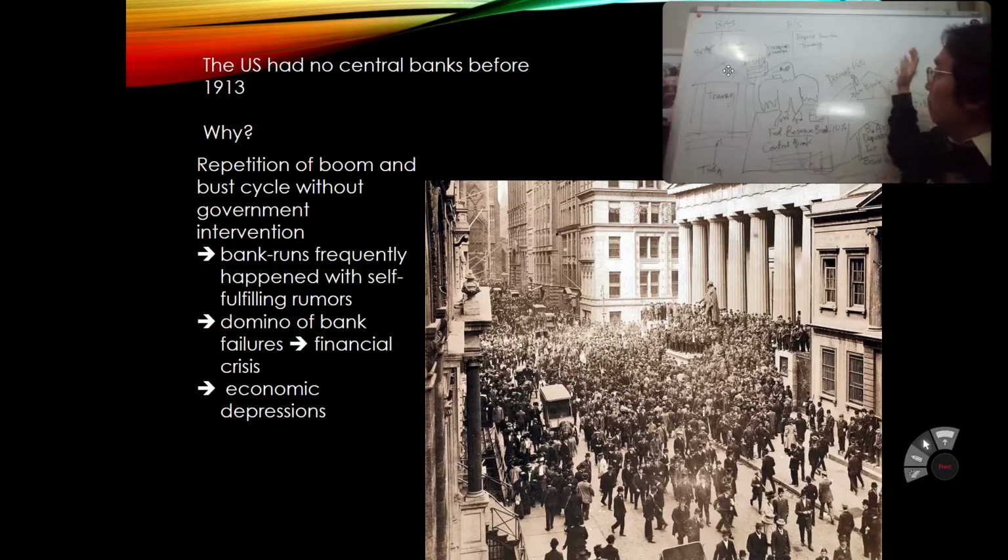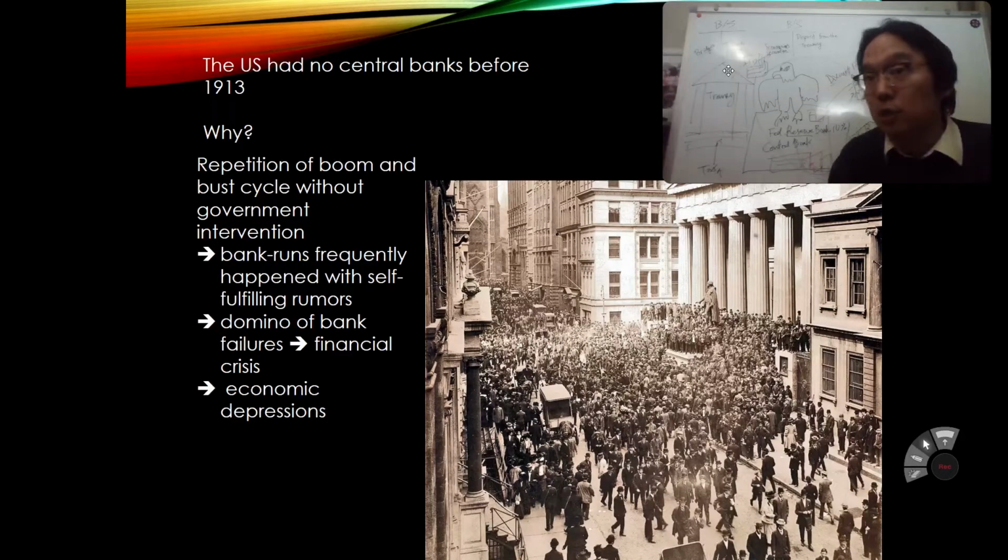When the balance sheet of their lending goes rotten with this wrong investment, their depositors get worried. Oh, the bank seems to be insolvent. I want my precious money back before any other people pull their money out. So I run to the bank and say, give me my money, but I'm not the only one.